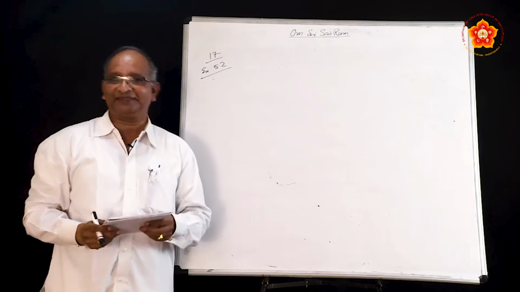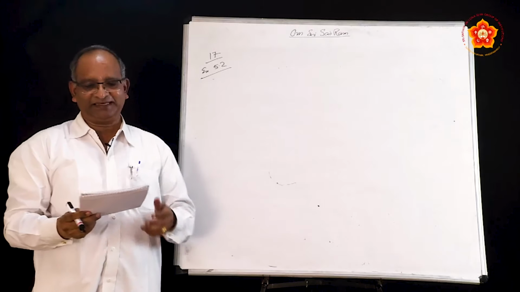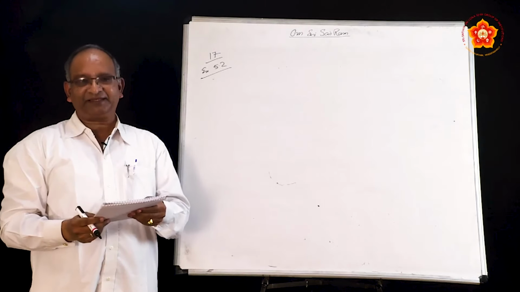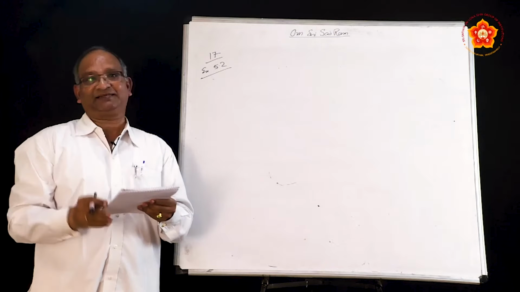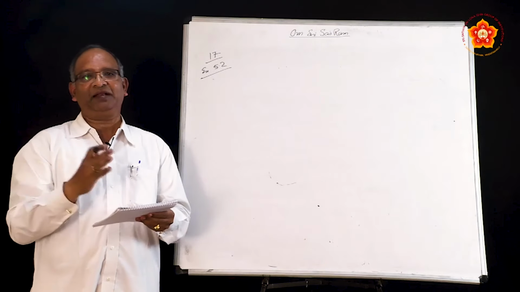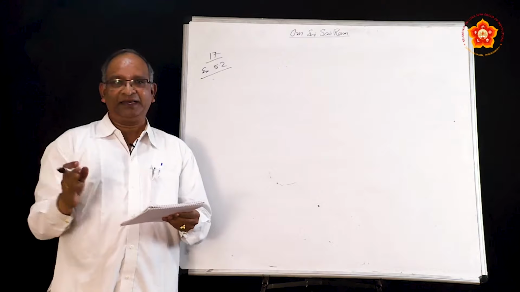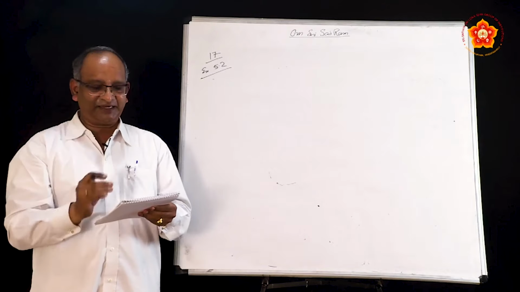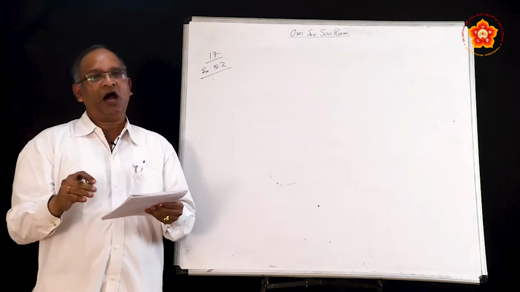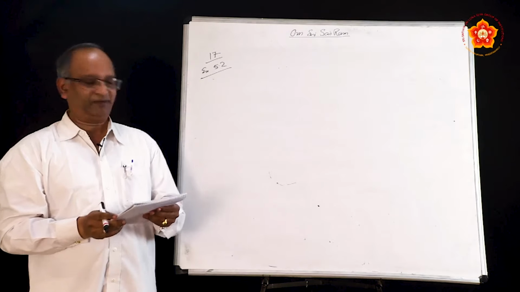Seventeenth problem of second exercise. Now what is the problem? He says find the 20th term from last. Generally we find any term from the beginning. In this problem he says find the 20th term from the last of the arithmetic progression given.